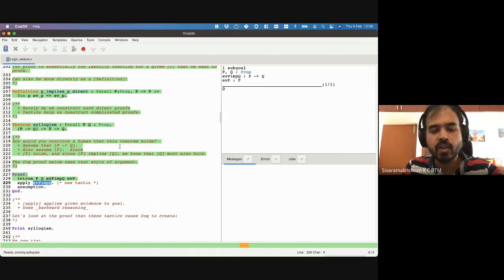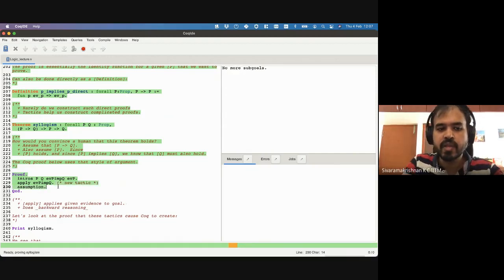This means that your goal is Q, and I know P implies Q. So instead of showing Q directly, I'm going to show P. That's the tactic we are doing, and it is backwards reasoning because if you apply it, observe that this Q changes into a P, because we are going to show P now, and P is directly in the assumption. So the assumption makes it go through.